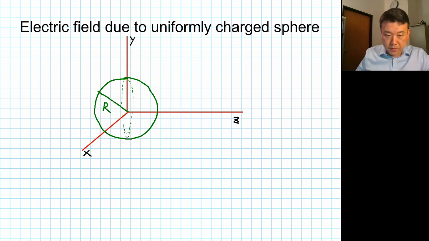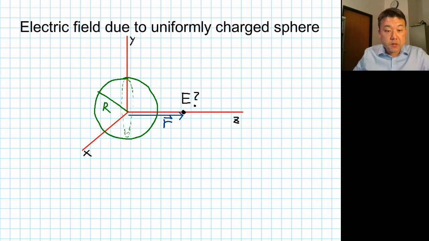Given a point here, for example, what is the electric field at this point? Let me indicate the position of this point with a vector r.